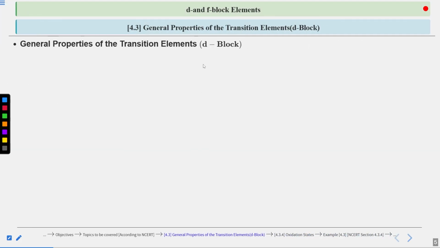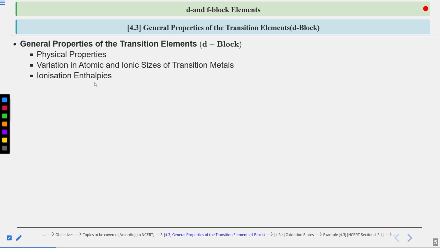Let's start with our first topic, that is general properties of transition elements, which is covered in the d block. Some properties which we have done already are physical properties, variation of atomic and ionic sizes, and ionization enthalpies.